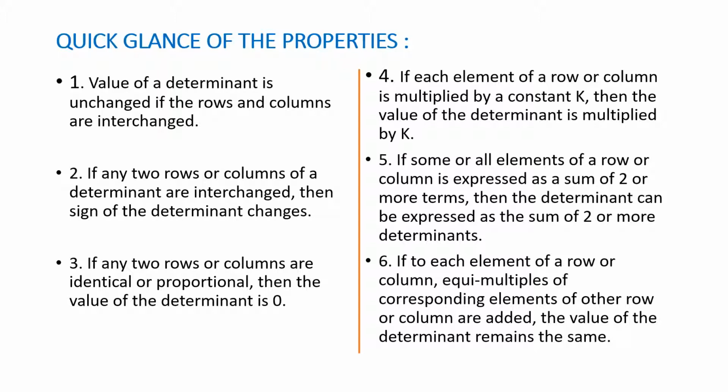The sixth one, which is a very important and often used property: to each element of a row or column, you can add multiples of the corresponding elements of another row or column, and the value of the determinant remains the same. So, you should be thorough with all these 6 properties, then only you can identify which property to use and solve the sum.